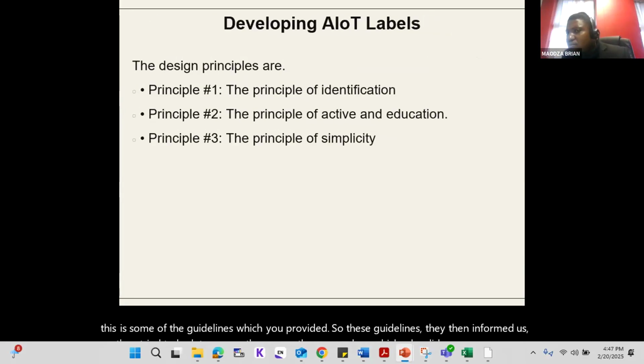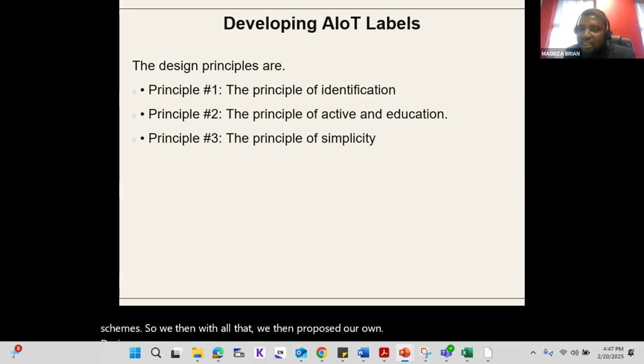There was Singapore, and there was also research by Pfeffer et al. They also proposed some labeling schemes. So with all that, we then proposed our own design principles for the label. Principle number one is the principle of identification.